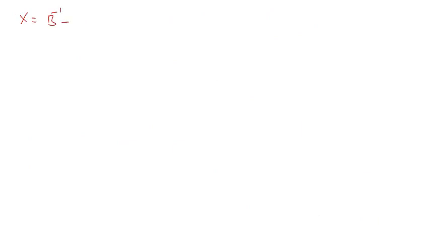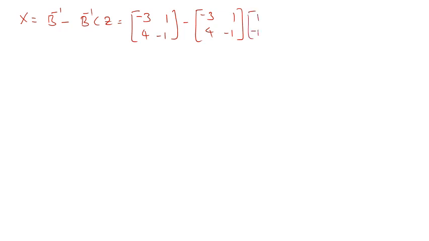B inverse minus b inverse c z. What is b inverse? This b inverse is minus 3, 1, 4, minus 1, and the c value. C value is 1 minus 1, right?